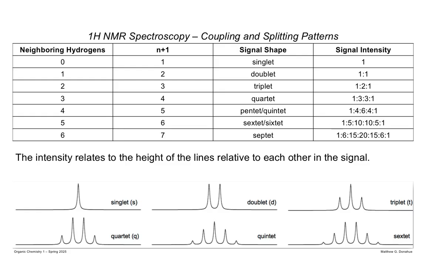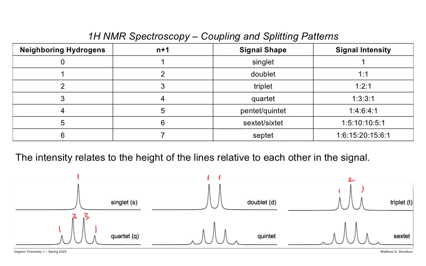So there's the table again, and now here are, in theory, what those multiplets should look like. There's the singlet. It has an intensity of 1. The doublet, intensity of 1 to 1. Triplet, 1 to 2 to 1. Quartet, 1 to 3 to 3 to 1.